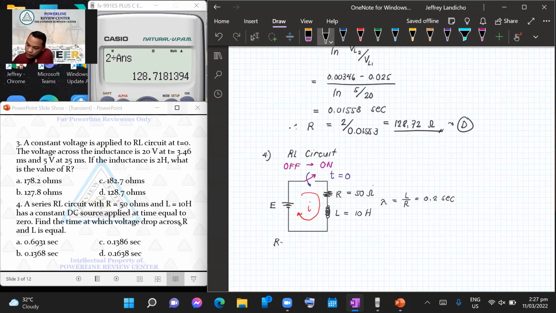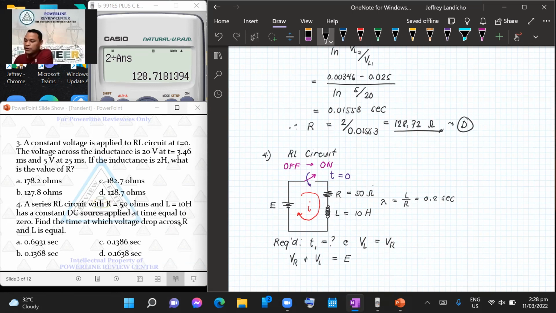So, let's say, switch is closed. Ano ang hinahanap, kapatid? How long would it take? So, sabihin natin, t sub 1, simula nung i-close natin yung switch, at which the voltage across L is equal to the voltage drop across R. Okay? So, gano'ng katagal bago yung voltage drop between these two parameters become equal? Eh, alam naman natin at all cases, by KVL, VR plus VL is always equal kanino?